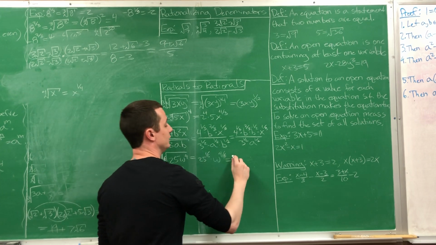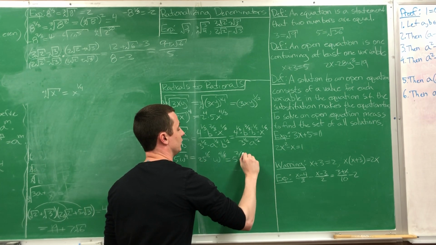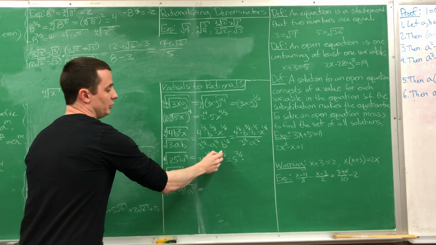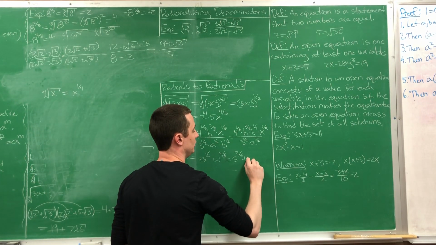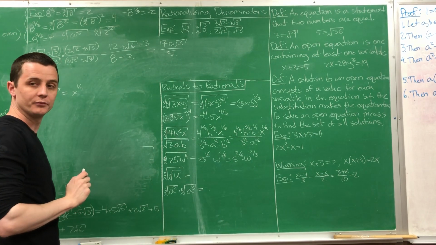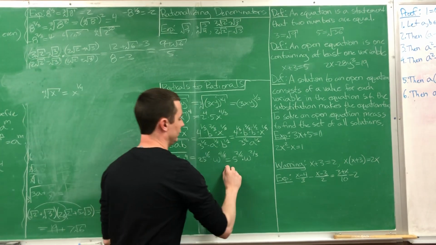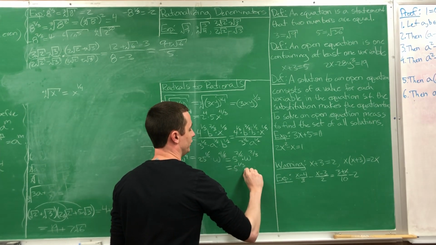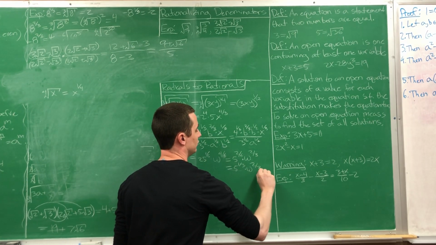So 5 squared to the 1/6 is the same thing as 5 to the 2/6. Times w to the 4/6, which is the same thing as w to the 2/3. And then finally, 5 to the 2/6 is the same thing as 5 to the 1/3.